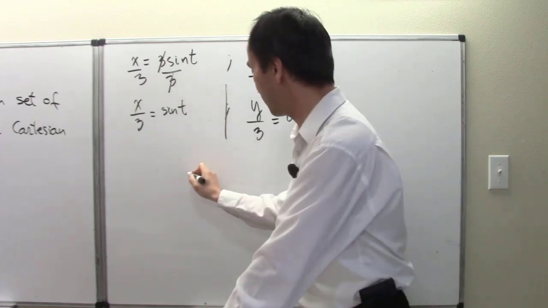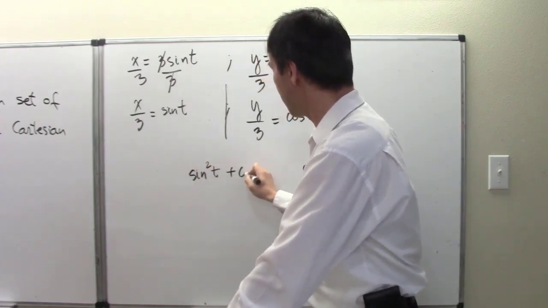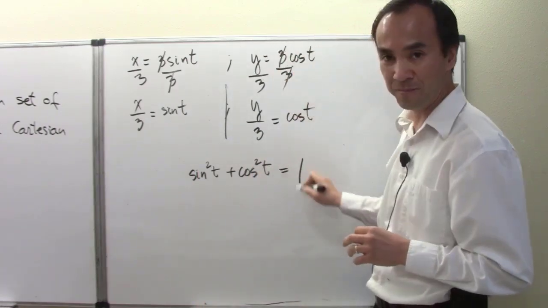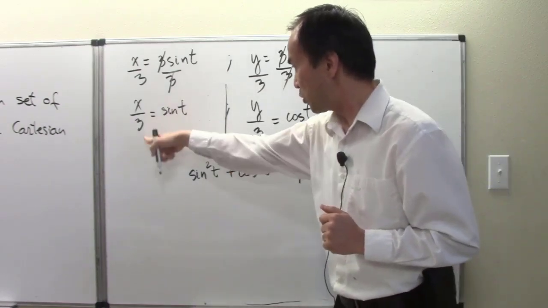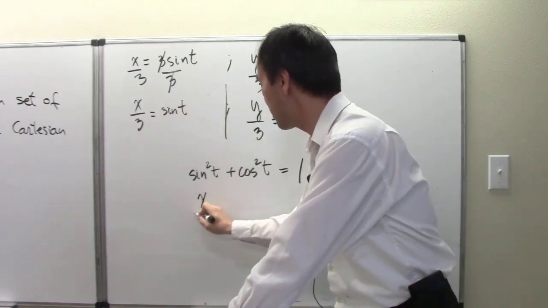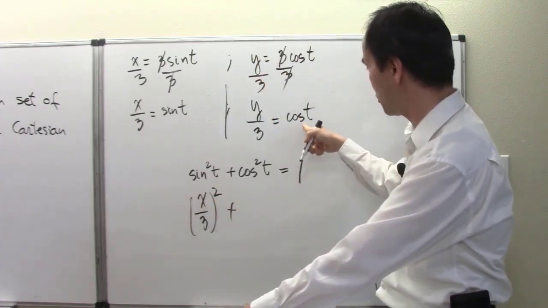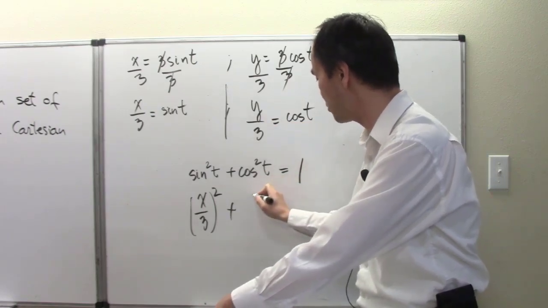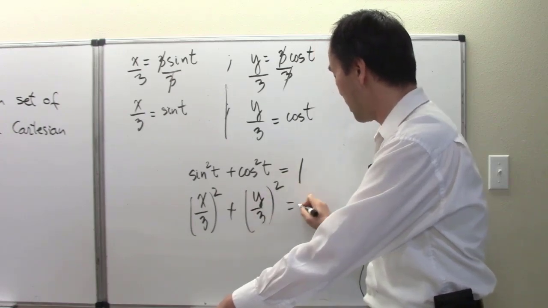And then once again, from there we go to sine squared of t plus cosine squared of t, famously known to equal 1. In this case, sine of t equals x over 3, so we have x over 3 all squared plus, now cosine of t equals y over 3, so cosine squared of t becomes y over 3 all squared, equals 1.